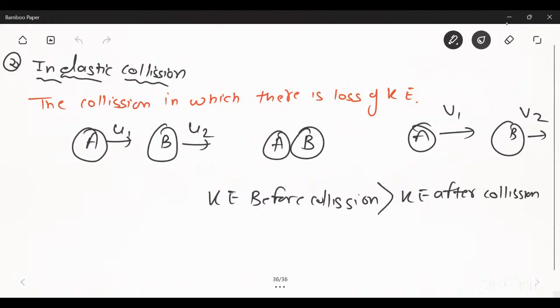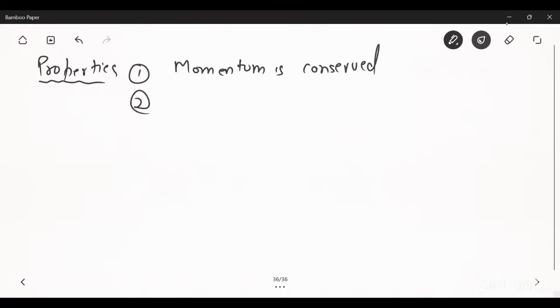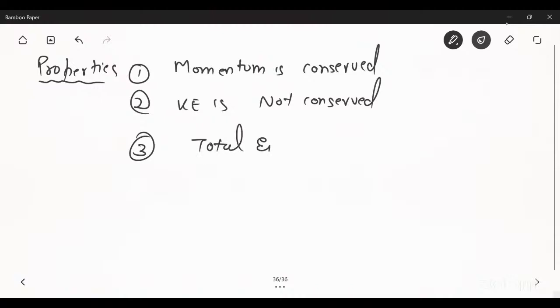So the properties of inelastic collisions are: firstly, momentum is conserved. But one thing is not conserved here, that is kinetic energy. So kinetic energy is not conserved. Third property, total energy is also conserved.